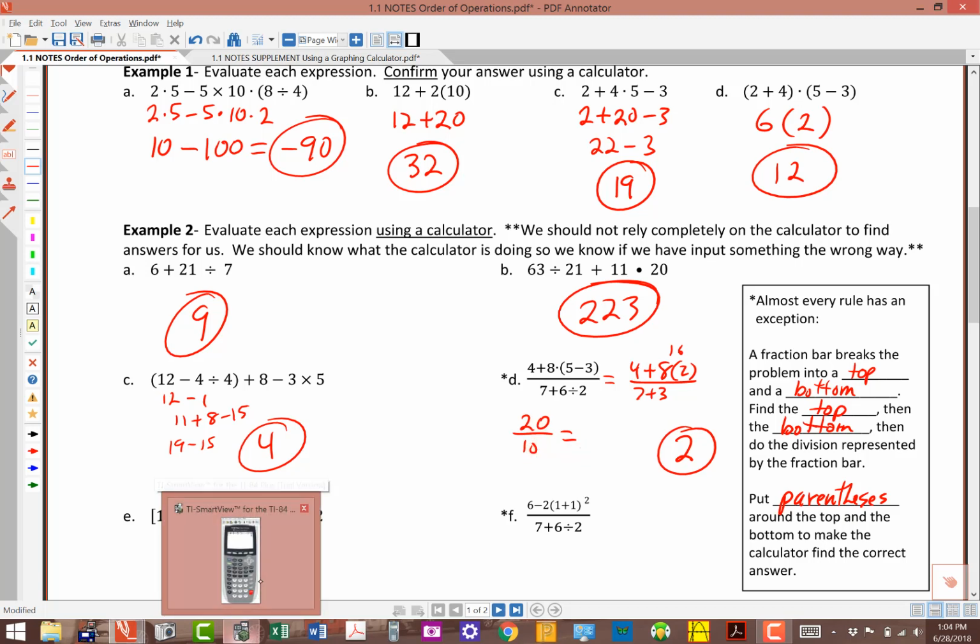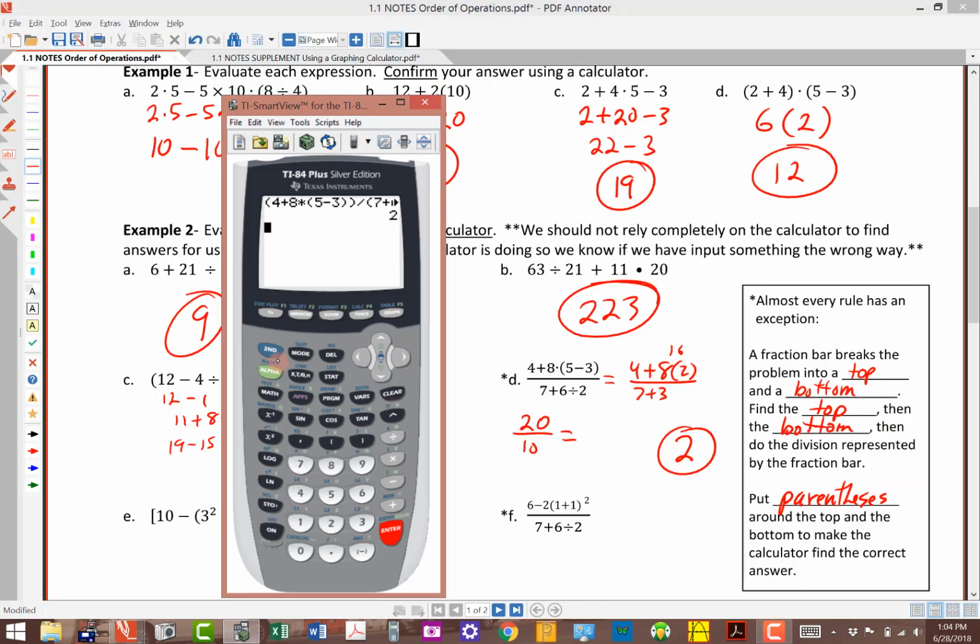So we did get that right, but I do want to show you something really quickly. I'm going to hit second enter. So I'm going to recall this, and I'm going to get rid of all the parentheses that weren't there to begin with. So I'm going to go back here, and I'm going to delete that set of parentheses. I'm going to delete that set of parentheses.